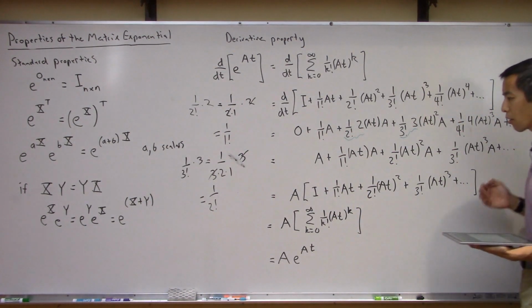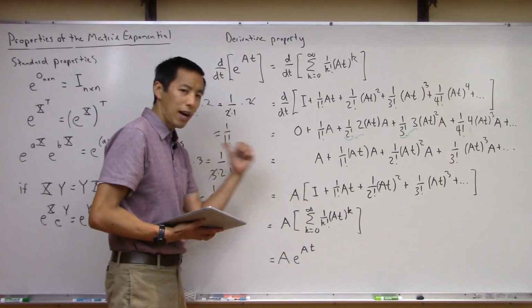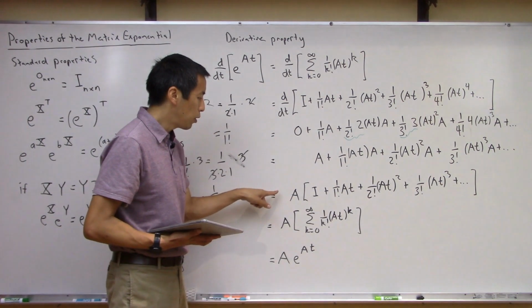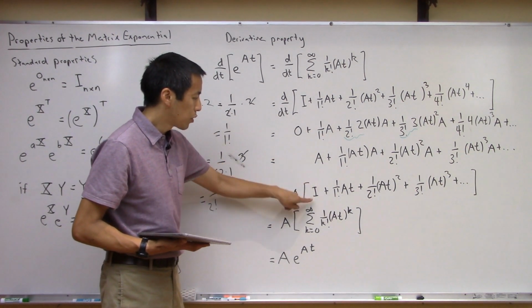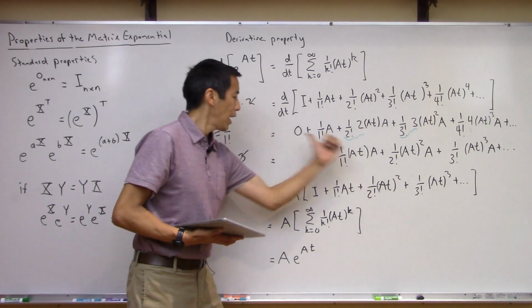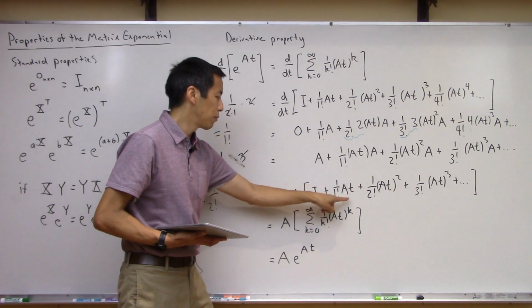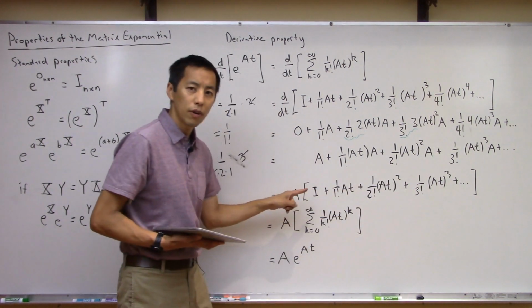It's kind of arbitrary. For this example, let's pull it out on the left. So you go from here to here. This A becomes an identity matrix, and the rest becomes 1 over 1 factorial times at, et cetera.